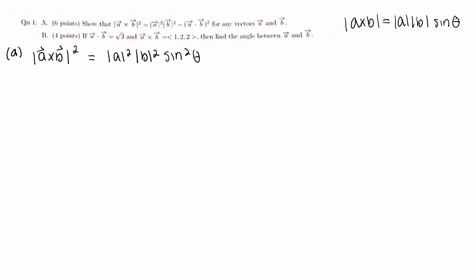From trig identities, we can say that sine squared theta is equal to 1 minus cosine squared theta. So we can go ahead and substitute that in.